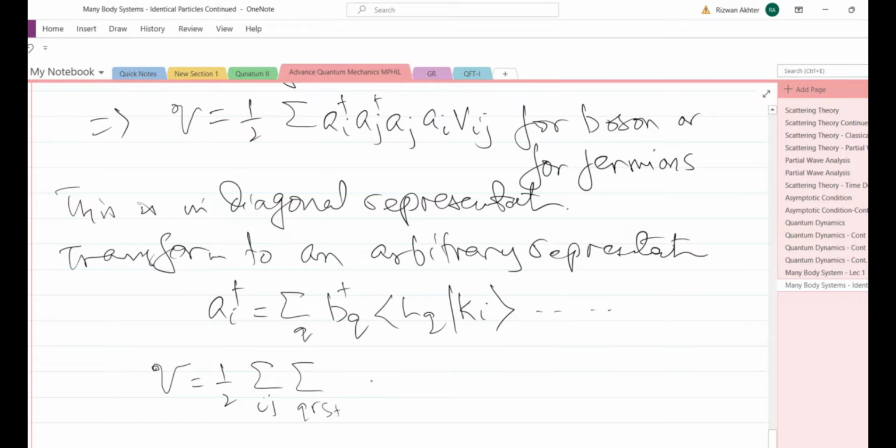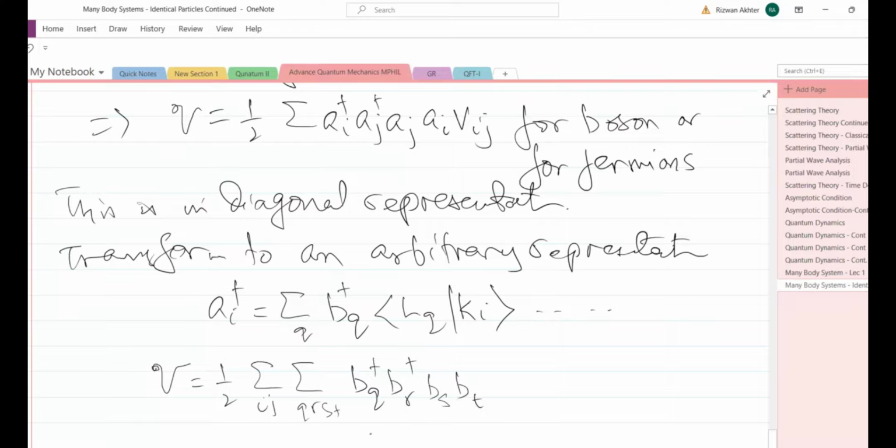Here there are two operators, and i or j would correspond to q, r, s and t, so two become four. So we have Bq dagger, Br dagger, Bs and Bt.